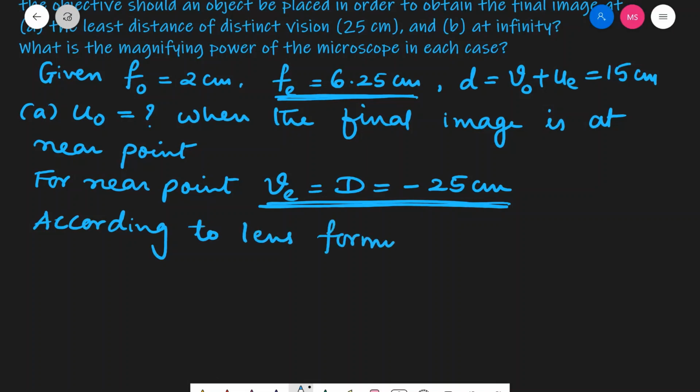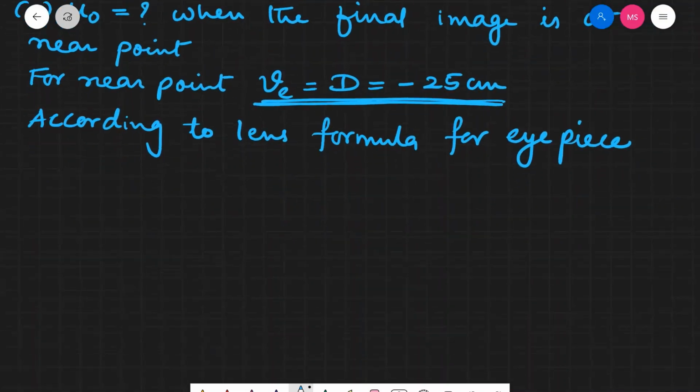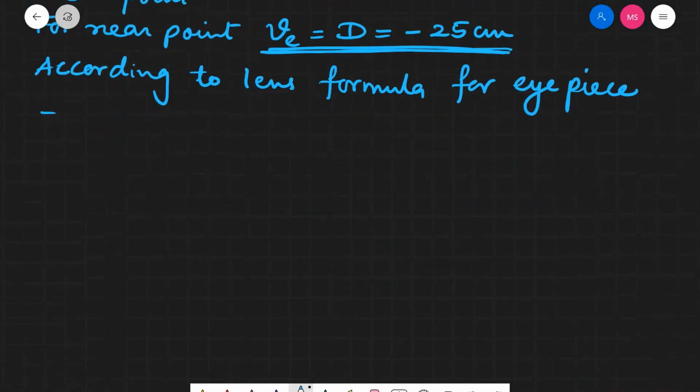for the eyepiece, minus 1 by UE plus 1 by VE will be equal to 1 by FE.